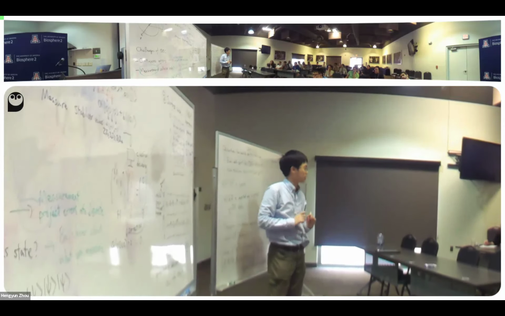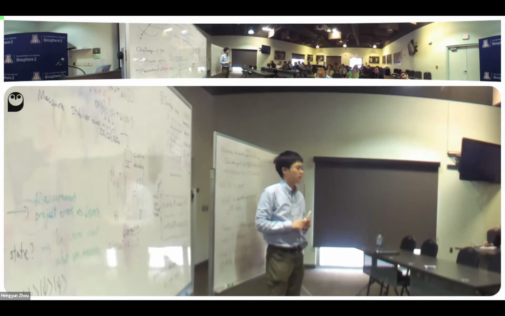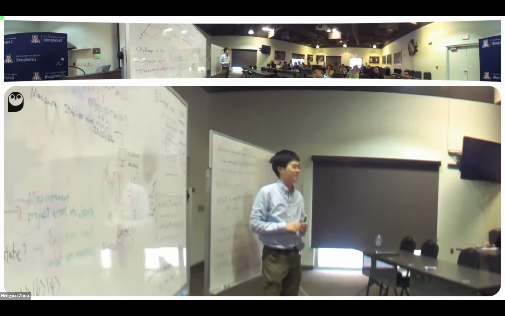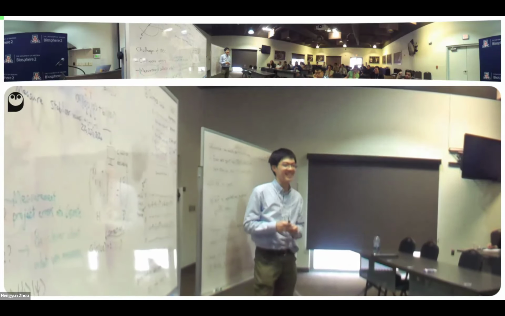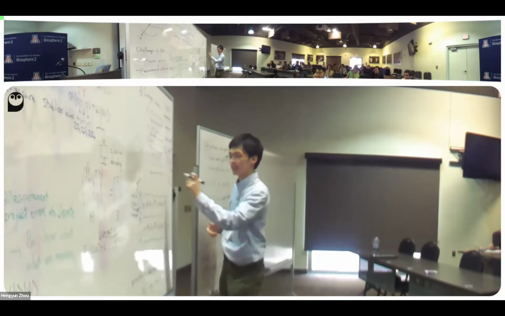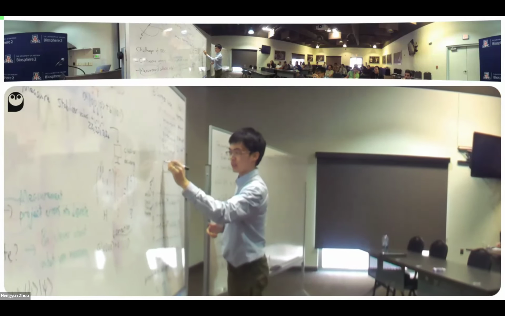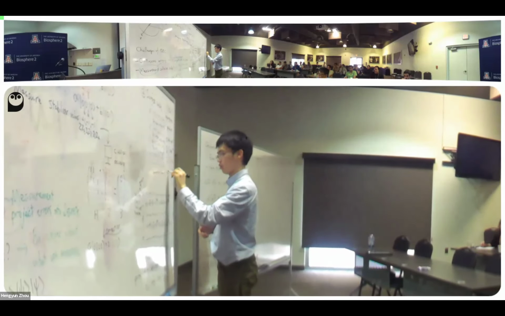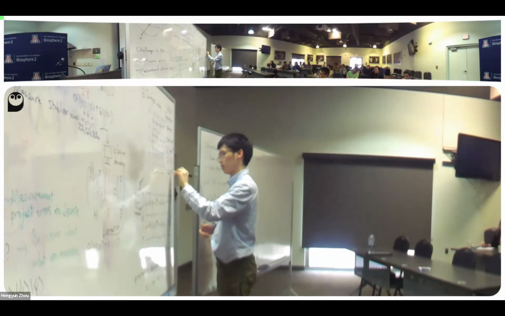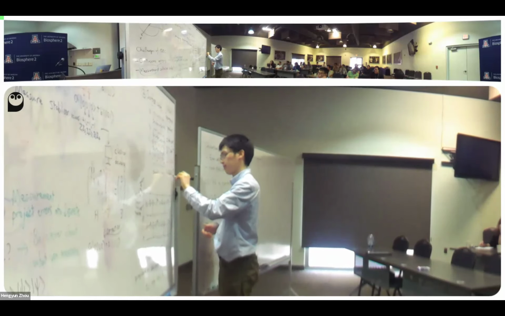Should it be a Z product or should it be an X? Yeah, it should be a Z. And the reason is that the Z logical will be equal to Z1, Z2, Z3, Z4.